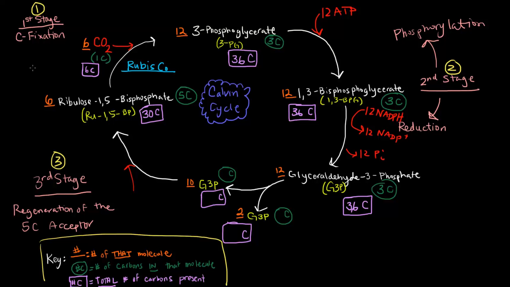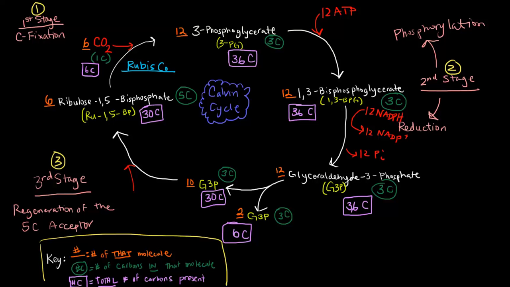Now again, each one of them is still just 3 carbons long, but how many carbons stay here? If there's 10 G3Ps and each one is 3 carbons long, then we have 30 carbons staying in the cycle, and that must mean 6 of them left. 2 G3Ps, 2 3-carbon molecules, 6 carbons.